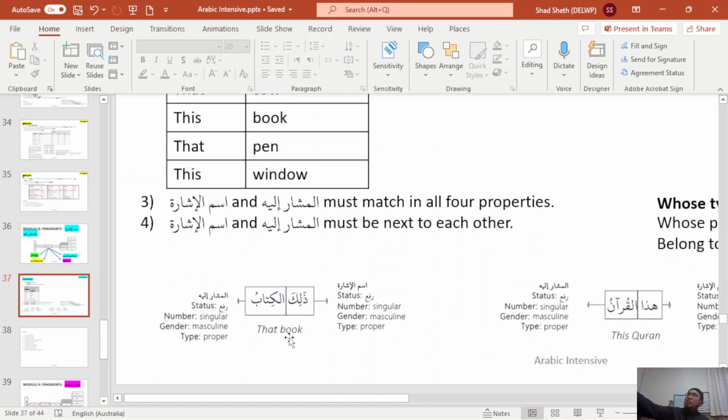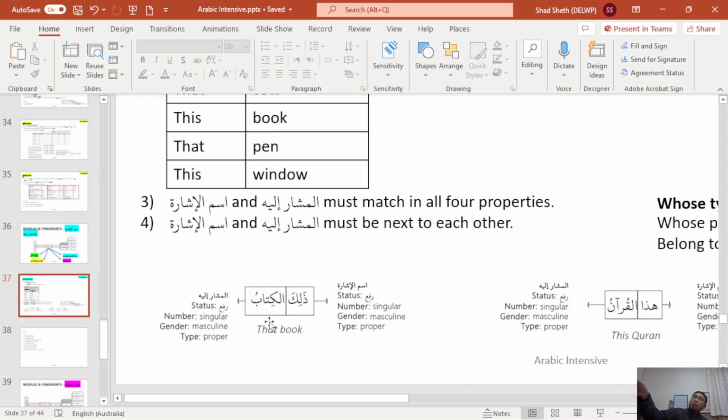Let's say, for example, we want to say that book. So you see the status. This is actually marfu. As per our previous exercise, we say dhalika is marfu, isn't it? It is singular, it is masculine, it is proper. So the one that is being pointed, kitabu, everything is already matching. The only thing that doesn't match is the fact that it is not proper. So you just add alif lam to it. So it becomes dhalikal kitabu. The translation becomes that book.